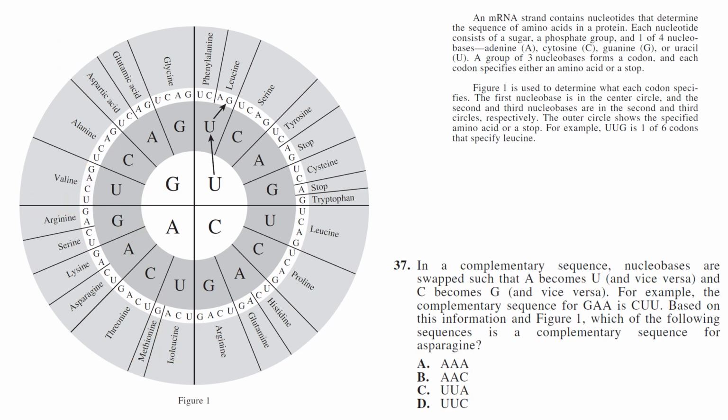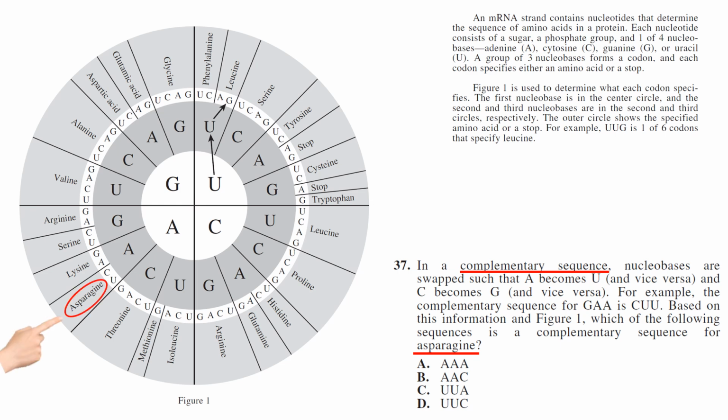Number 37, in a complementary sequence. This is new information. ACT usually puts new information in italics. They didn't here. Nucleobases are swapped so that A becomes U and C becomes G. For example, GAA is CUU. So we're swapping them. Given the information and figure 1, which is a complementary sequence for asparagine?